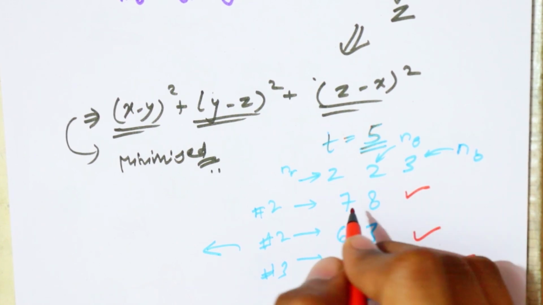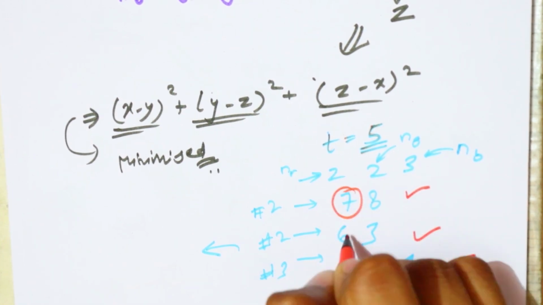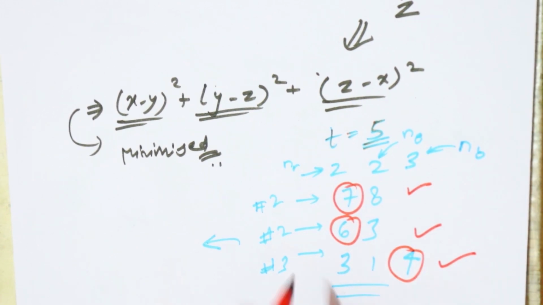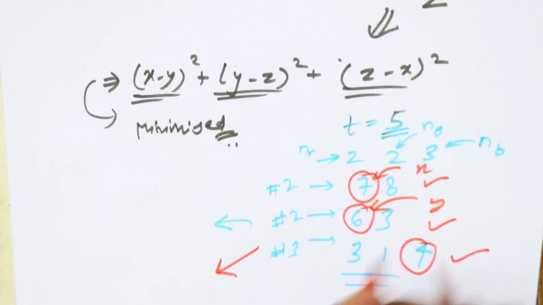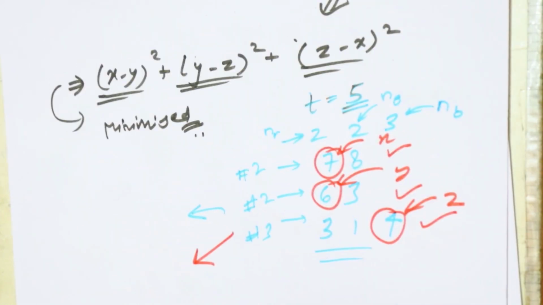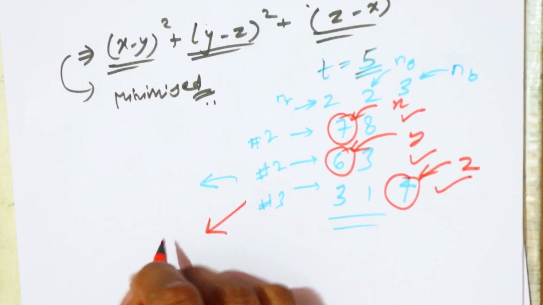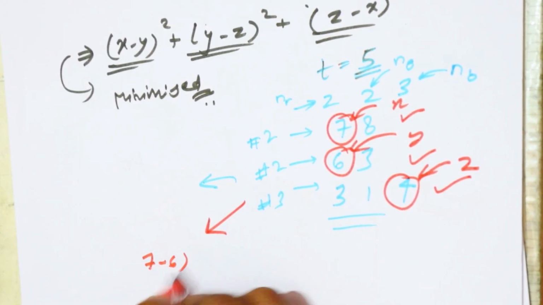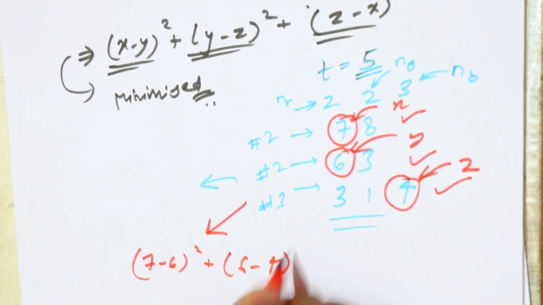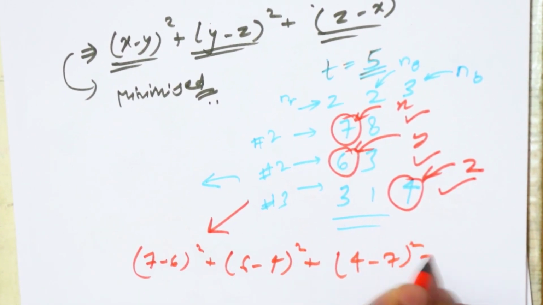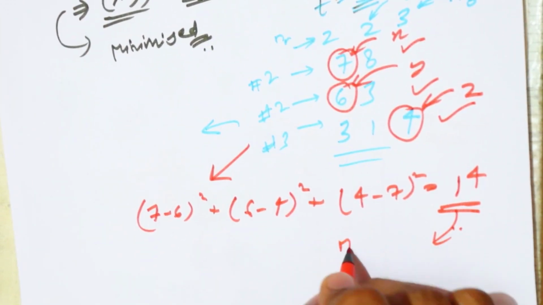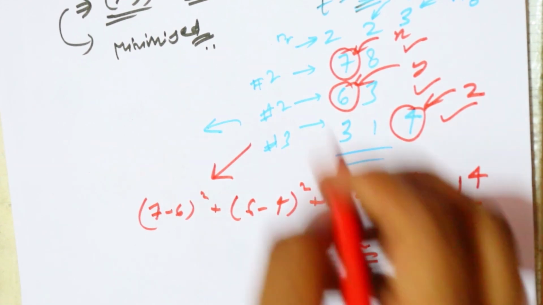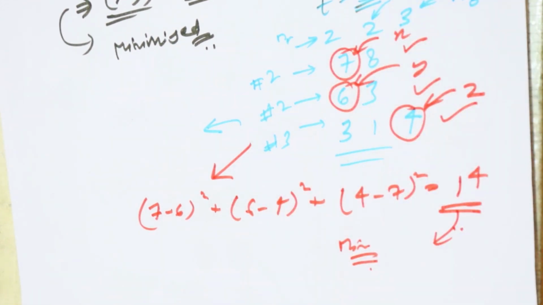The statement says that if we choose 7, 6 and 4, as X, Y and Z, then (7 minus 6) whole square plus (6 minus 4) whole square plus (4 minus 7) whole square equals 14. This is the minimum value we can get after choosing these X, Y and Z. So that is the problem statement.